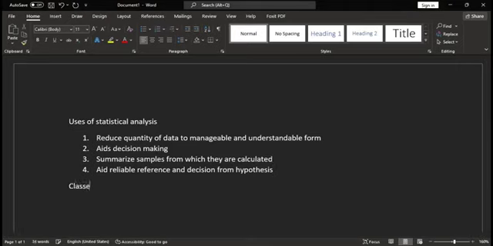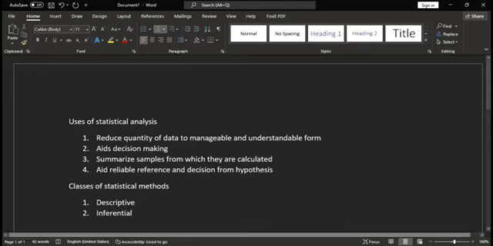Classes of statistical methods: we have one, descriptive, and two, inferential.